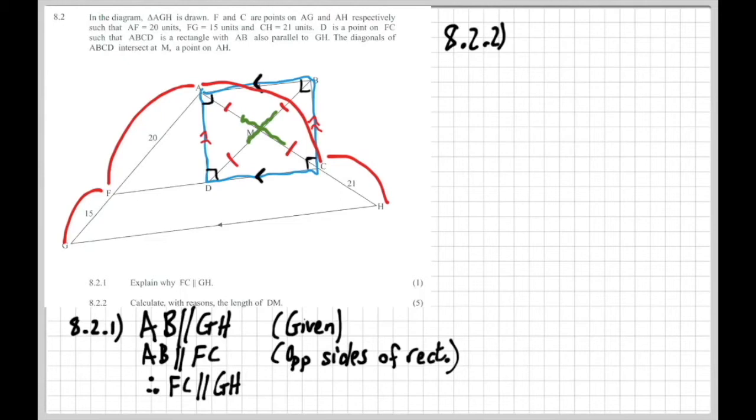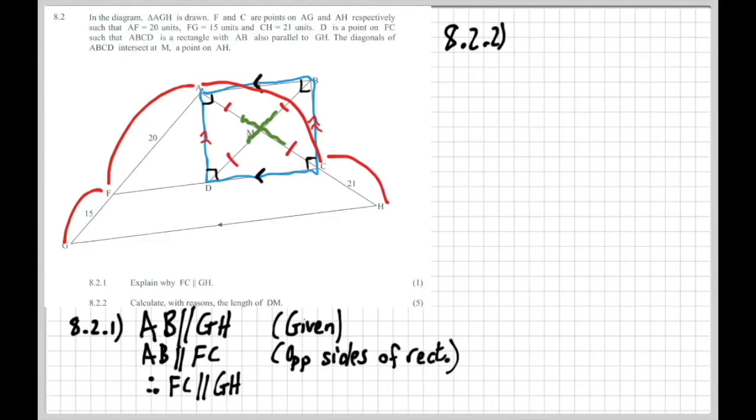Let's now actually look at what they want us to prove. They're asking me to prove DM. So something to do with DM. Now, what I like to do, as a matter of fact, is constantly look at DM and think, but how does that relate to all the other stuff?